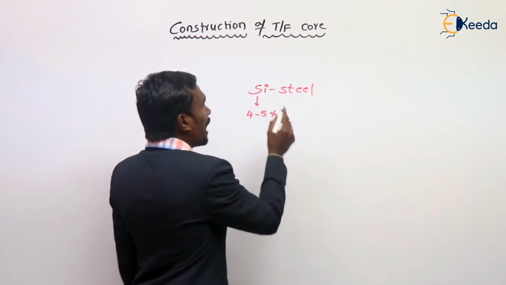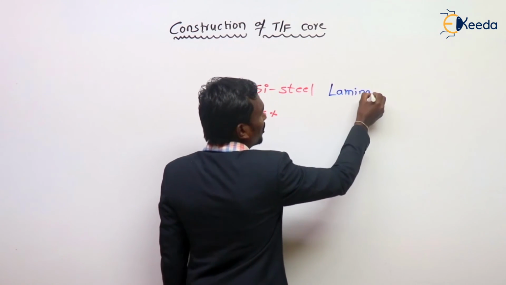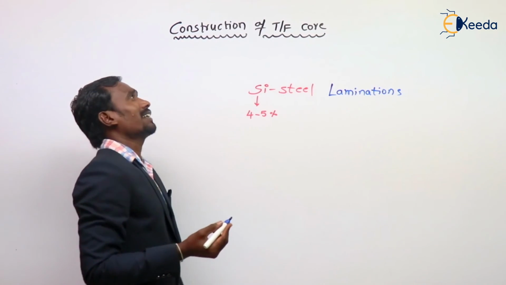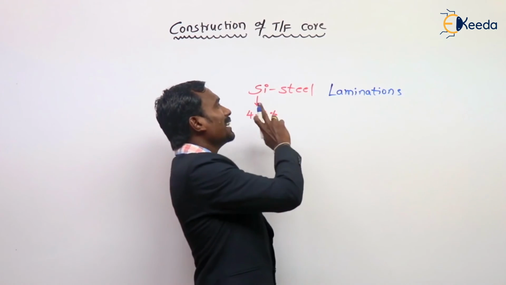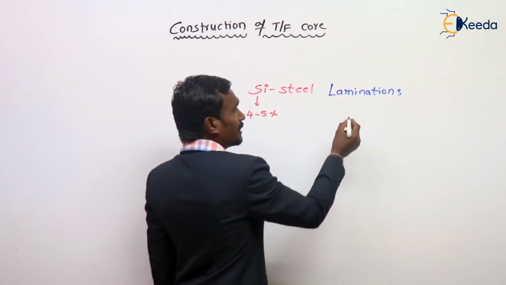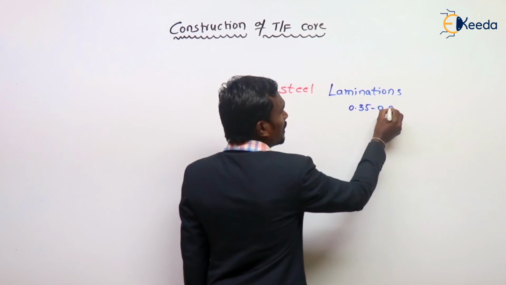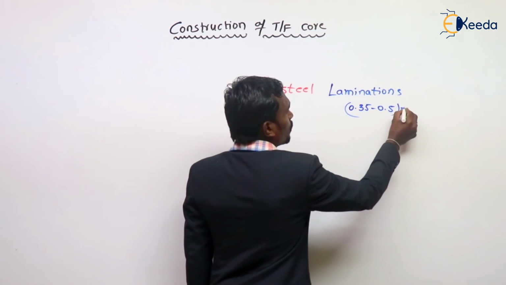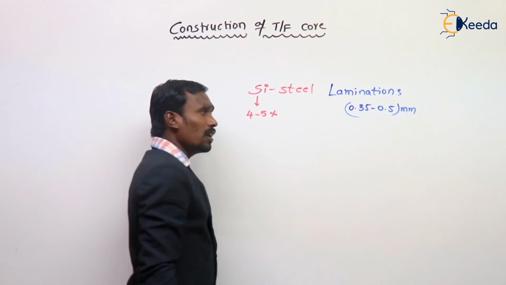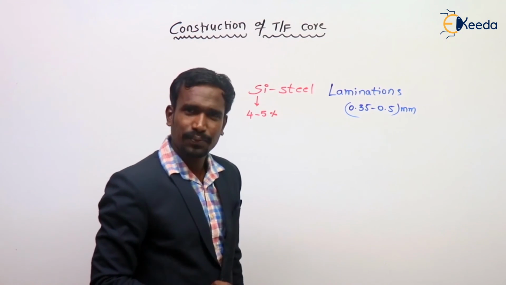And also we have to make it in laminations. So finally, the transformer core is made up of silicon steel laminations. The thickness of lamination is 0.35 to 0.5 mm.